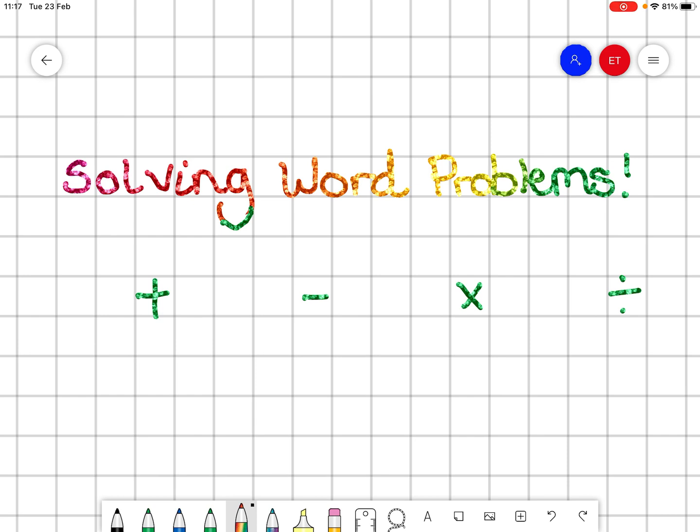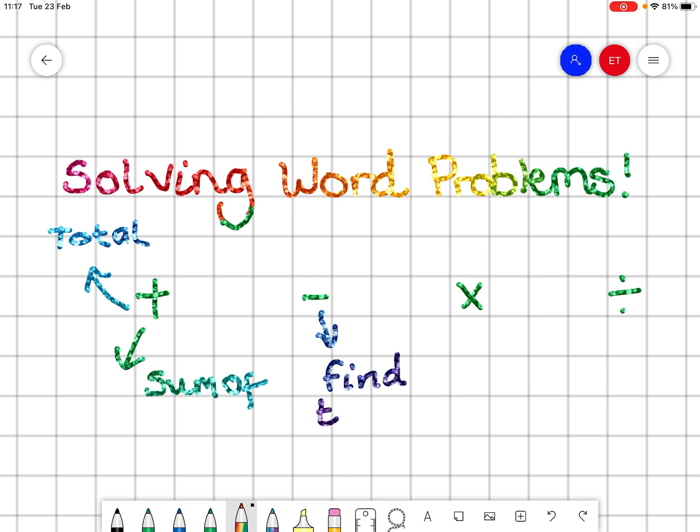Now, there are certain vocabulary that indicates what operation you have to use. So, for example, if we need to add, it might say find the sum of, or find the total. Both of those words mean that you're going to have to add. For subtraction, it might say find the difference.